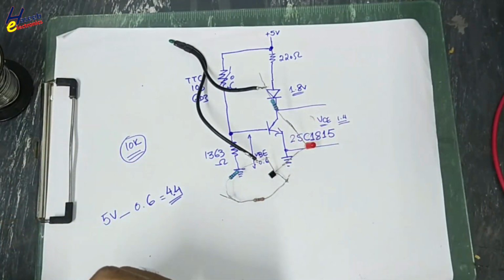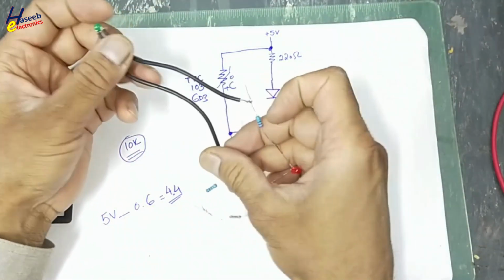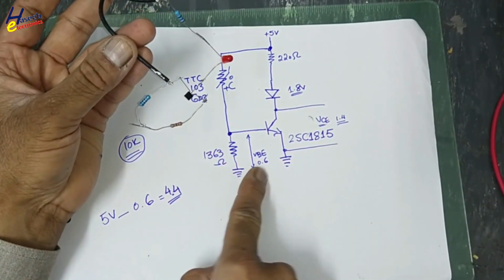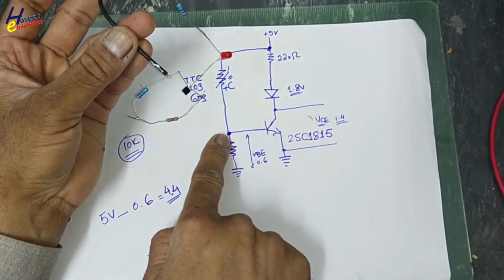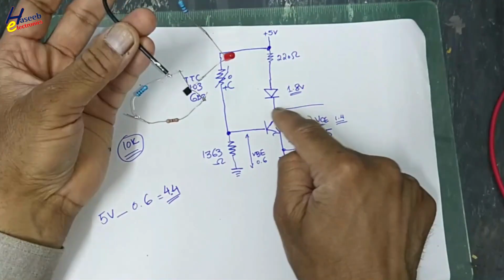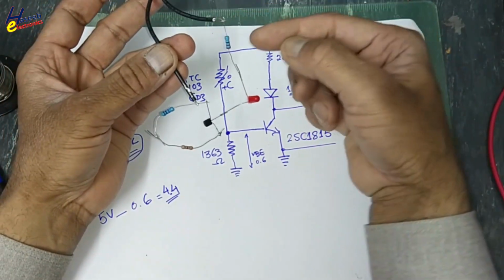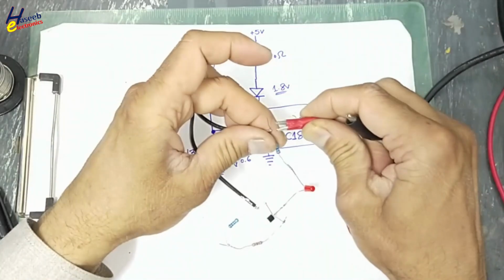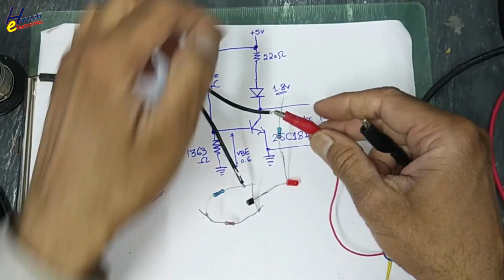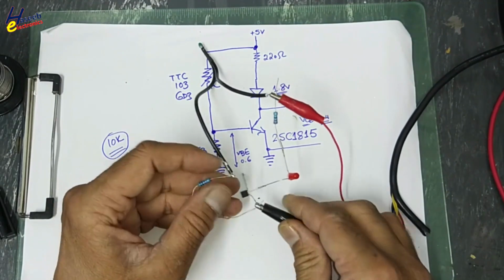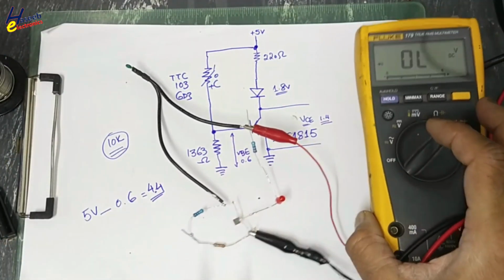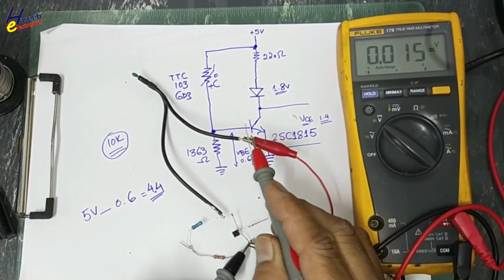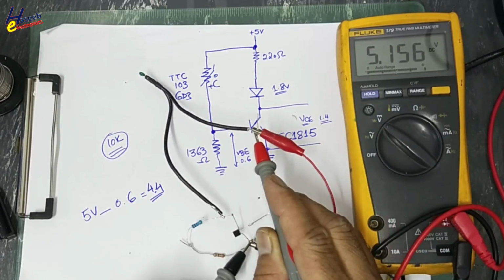Now our circuit is ready. NTC, this resistor between emitter and base, at collector, cathode of LED, anode is connected to this 220 ohm resistor. Here we will apply positive voltage 5 volt. Positive 5 volt here and ground here. 5.1 volt supply.